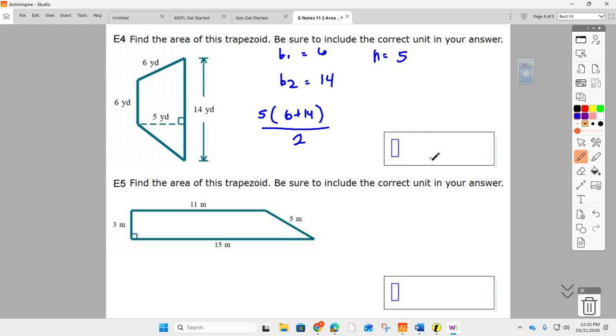Did you get it, Swan? What'd you get? Yep. Anybody get something different? Yeah. 6 and 14 is 20 times 5 is 100 divided by 2 is 50 square yards.